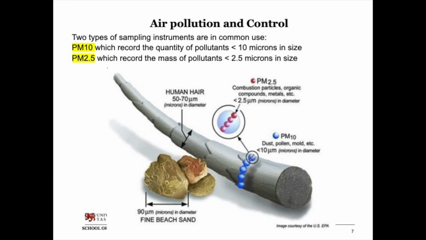And then you have the PM2.5, which is the mass of pollutants which are less than 2.5 microns in size. You need a very powerful microscope to be able to see those. But as I'll talk to you about later, the small particles can have a deleterious effect on your health. They're quite dangerous.